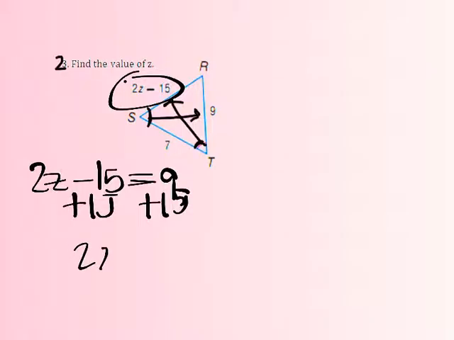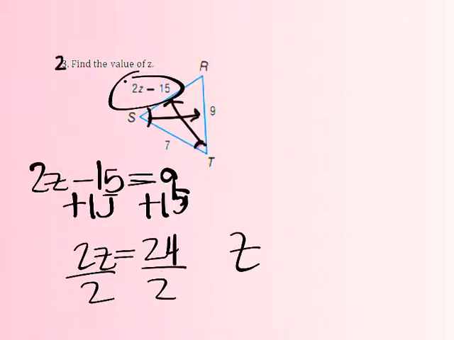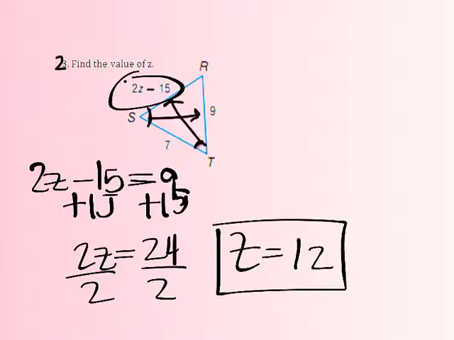Okay, so then we get 2Z is equal to 9 plus 15, which is 24. So then, in order to solve this, I need to divide both sides by 2. And then I get that Z is equal to 12. So that's my final answer for number 2.